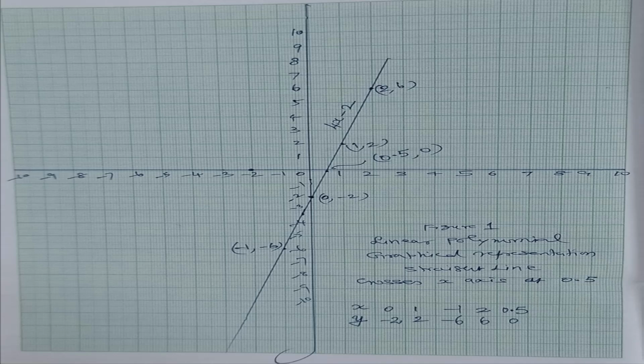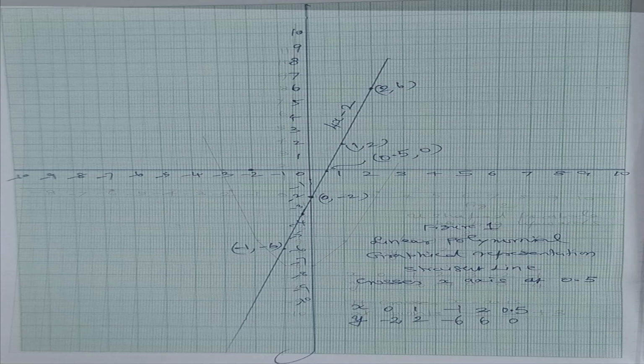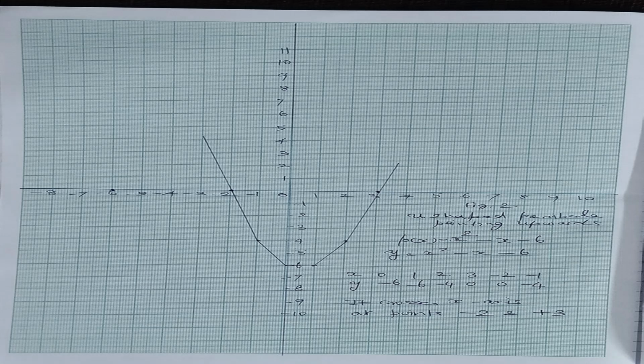The table gives x and y values as 0, minus 2; 1, 2; minus 1, minus 6; 2, 6; and 0.5, 0. X is equal to 0.5 where y is equal to 0. This is where the straight line crosses the x-axis, at point plus 0.5. You can see in the graph shown above and you can try this yourself.